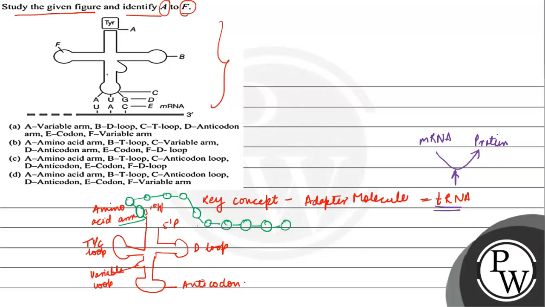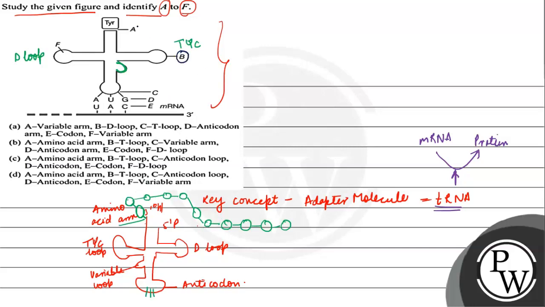Now what we see, B, we'll be talking towards the B. Basically, wherever the variable arm is exposed, that is T psi C, and accordingly this D loop will be towards the right side if we twist it. Now what happens is that this is anticodon. We will talk further ahead.